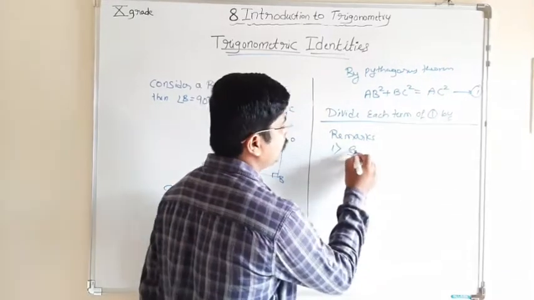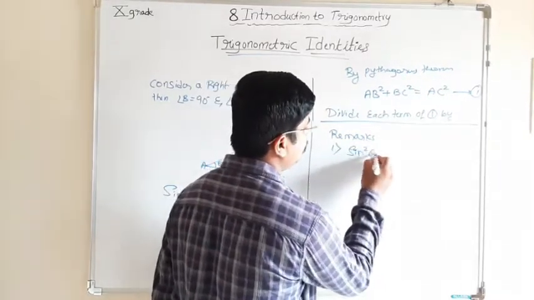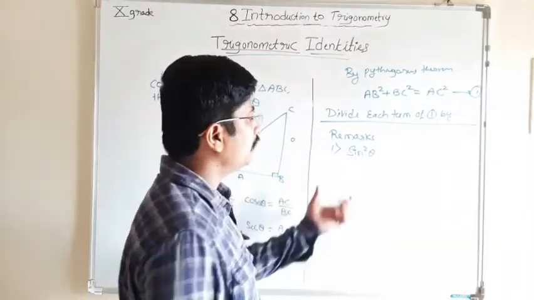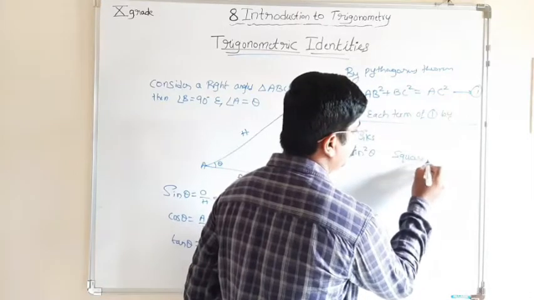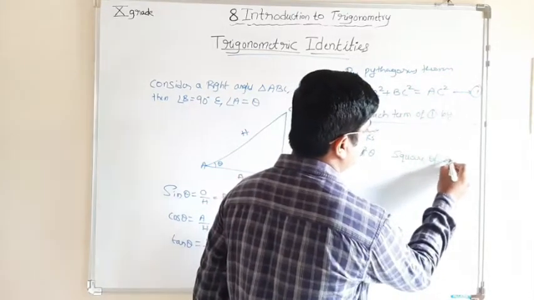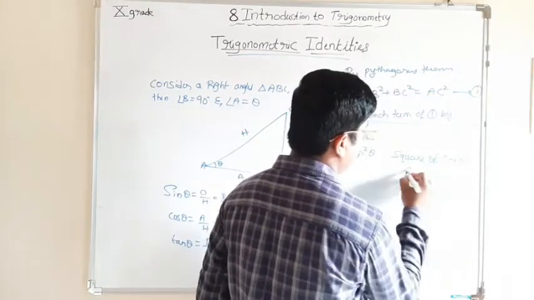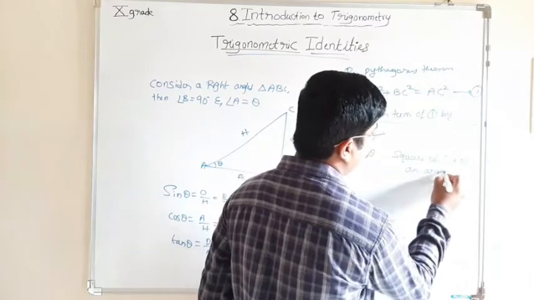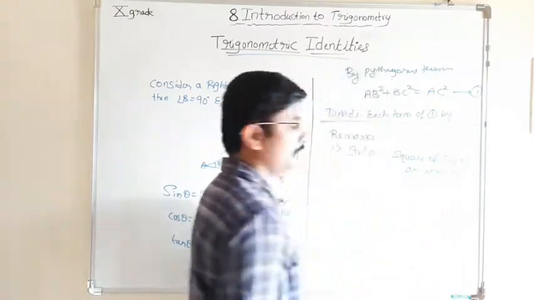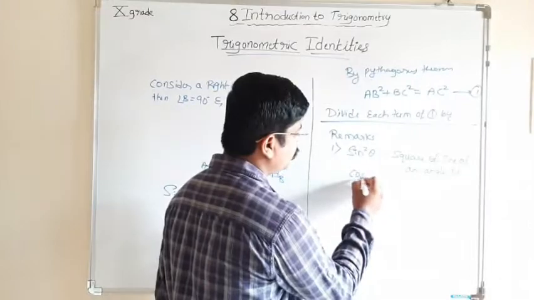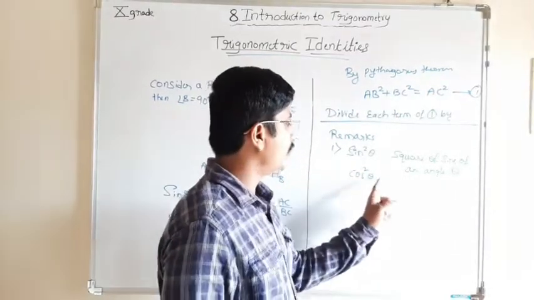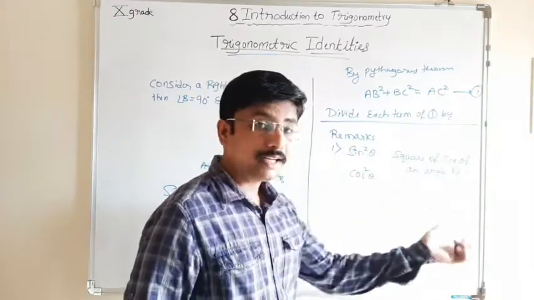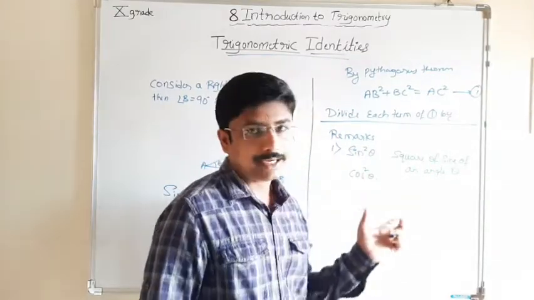See here, sin square theta, it is nothing but the square of sine of an angle theta. Similarly cos square theta, it is nothing but the square of cosine of angle theta.